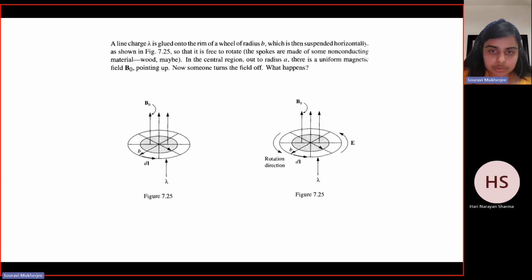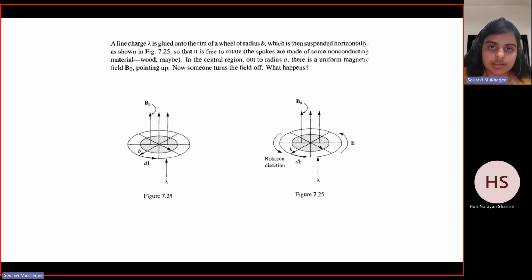So you will have a rotation. So there'll be a net electric field in this direction, which will try to cause a net magnetic field in the direction upwards, which will try to nullify the initial change that was created by turning the field off. Right.